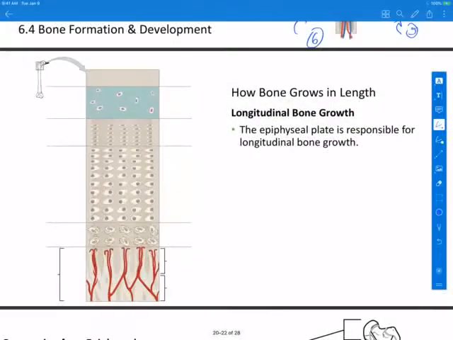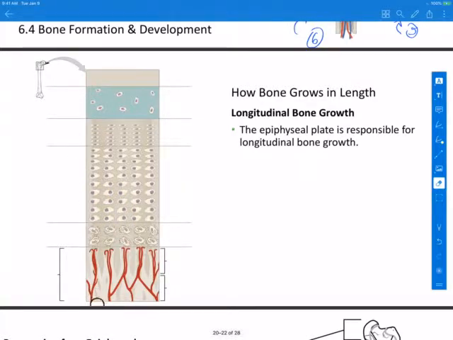How is it that bones grow longer? Well, what they've done in this picture is they've taken the end of a bone here. This looks like a femur. This is the proximal end of the femur, and they have just expanded that epiphyseal plate.